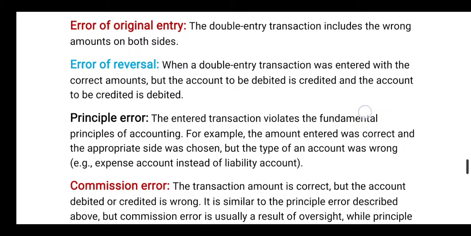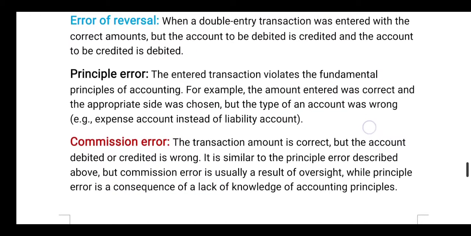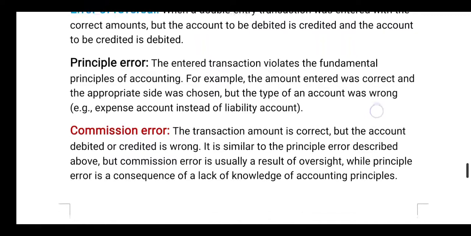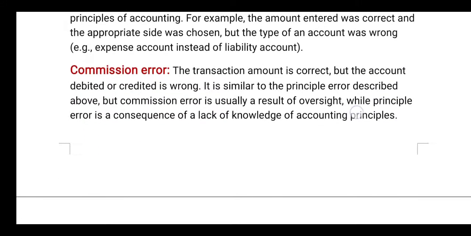Then error of principle. The entered transaction violated a fundamental principle of accounting. For example, the amount entered was correct, but the wrong type of account was chosen, such as an expense written as a liability, and an asset wrongly written as revenue. Then we go to error of commission.